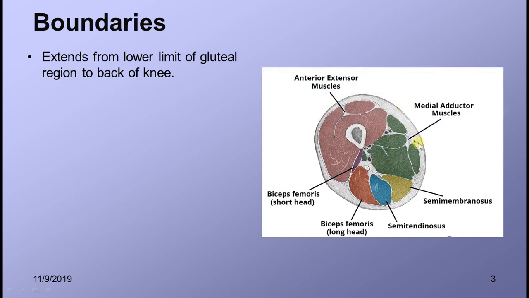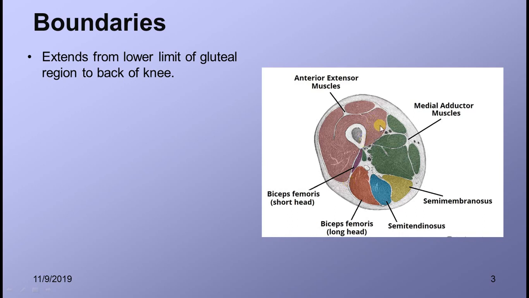Looking at the cross section of the thigh, again you are able to see the extensor compartment, followed by the adductor compartment, and then you have the flexor or the posterior compartment of the thigh. Now the extensor compartment is separated from the posterior compartment by what you are able to see is the lateral intermuscular septum.